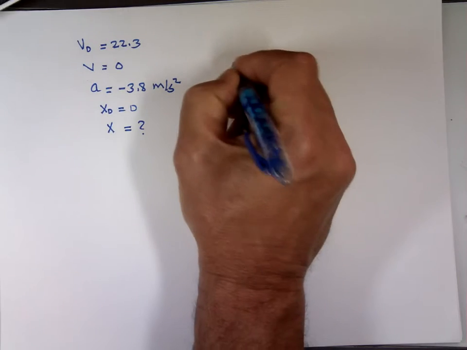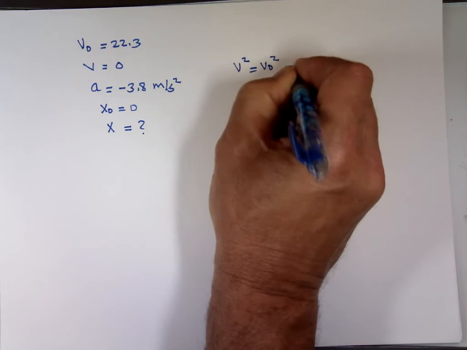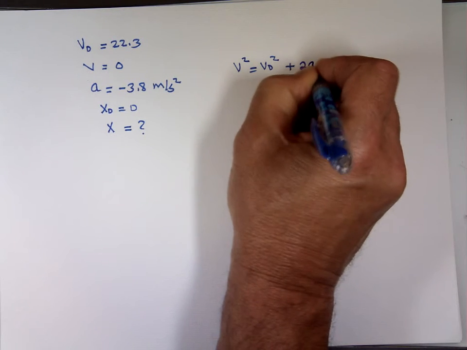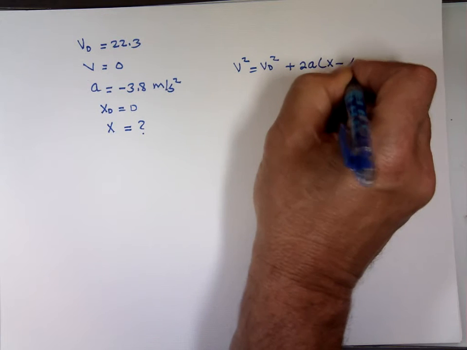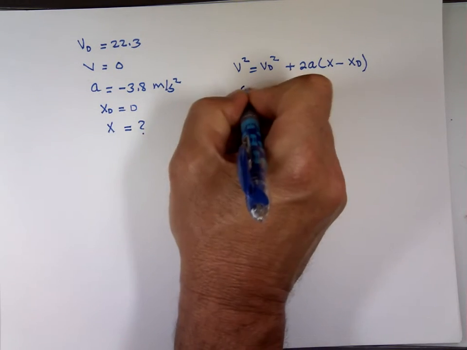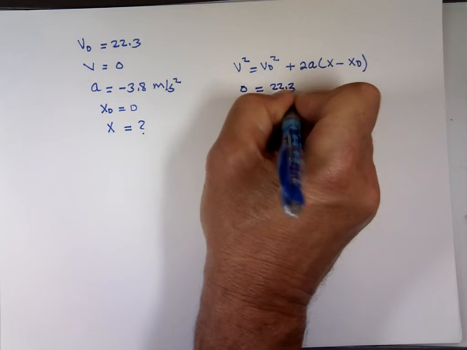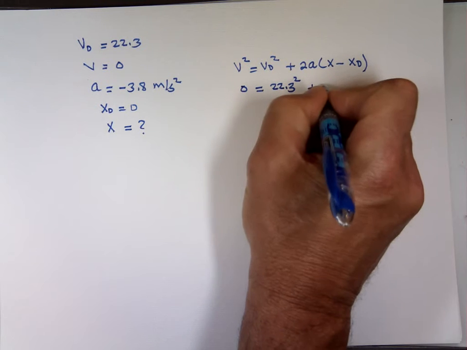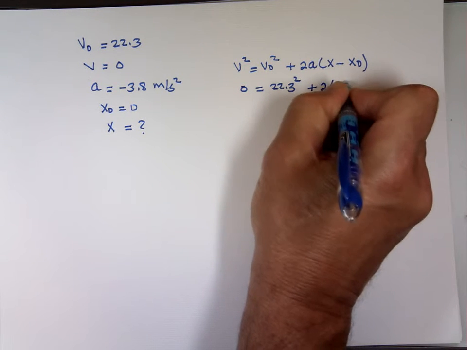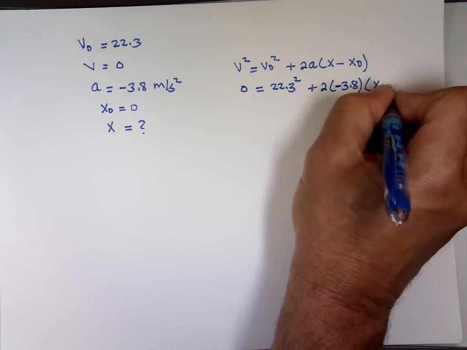So v squared equals v0 squared plus 2a times x minus x of 0. Final velocity is 0, squared still 0. 22.3 squared, 2 times a negative 3.8, times x minus 0.